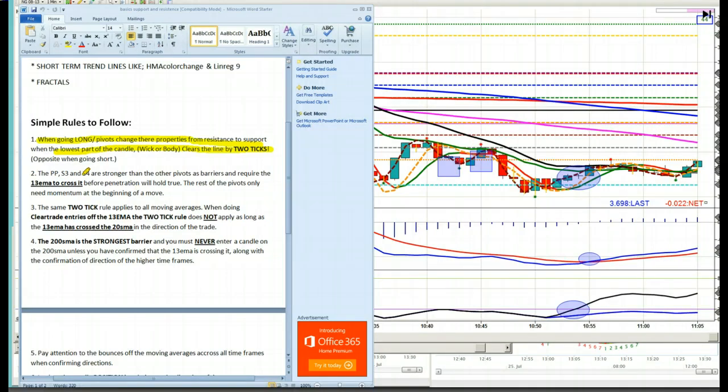But over here, you have an S4 strong barrier as your support. We never cleared south from the top of the candle. We never cleared south from the top of the candle going short. Remember, going short has to clear from the top of the candle by 2 ticks. So the fact that we never cleared that border by 2 ticks means that this pivot is support.